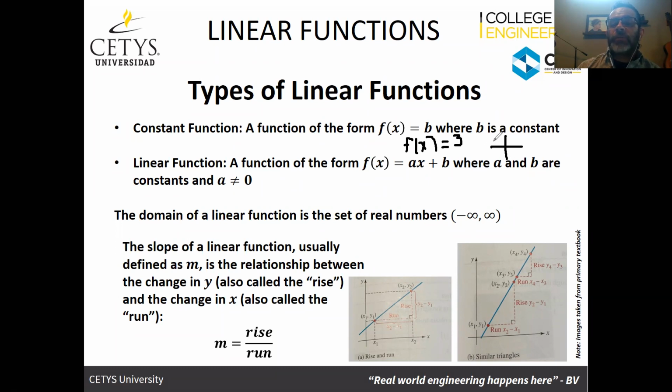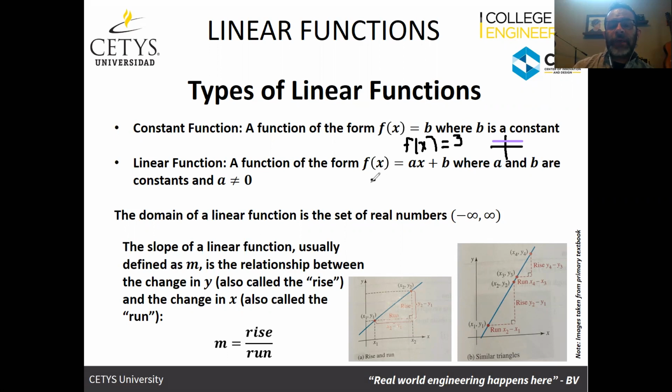So f of x equals 3 would be a horizontal line that goes through 3. And then there's the more general form of a linear function, which is f of x equals ax plus b, where a and b are constants. And obviously a is different than 0.